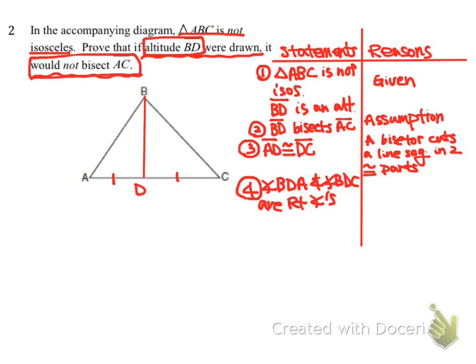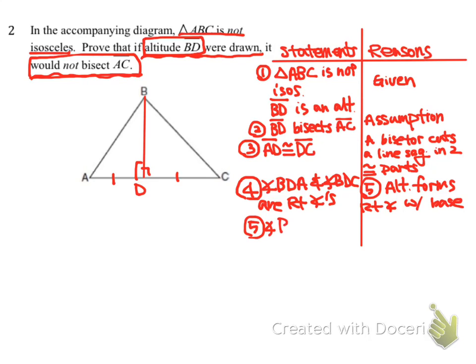Why? Step number 5: the altitude forms a right angle with the base. Now, step number 5. We know that right angles are congruent, so this right angle and this right angle are congruent.